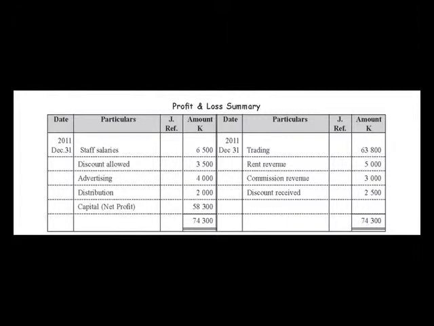Now look at this. Earlier in our trading account, we had a balance of 63,800. And this amount was transferred to the profit and loss summary by way of a journal entry, and it appears on the credit side. And all the revenue accounts on the credit side, and all expense accounts on the debit side.